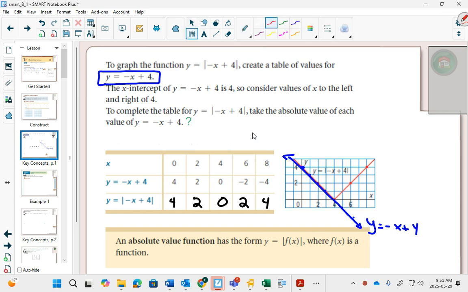And so what happens is that these points that were negative all get reflected up over the x-axis. And it makes your absolute value graph sort of two straight lines put together. Makes it look like a V.